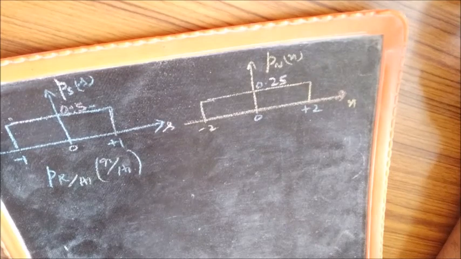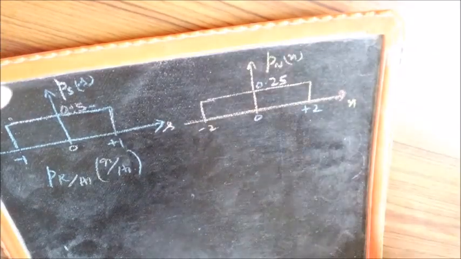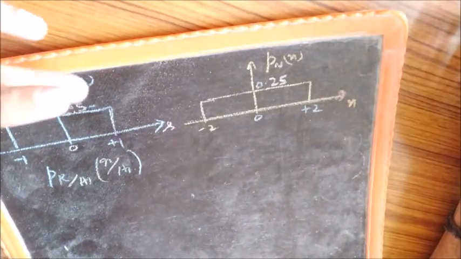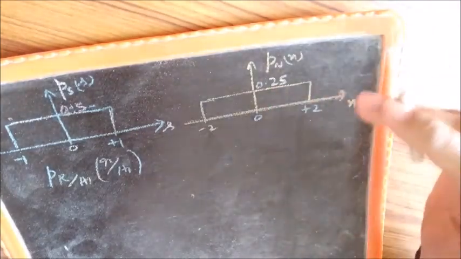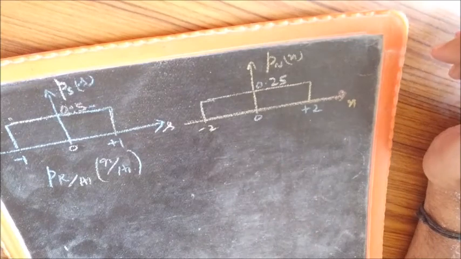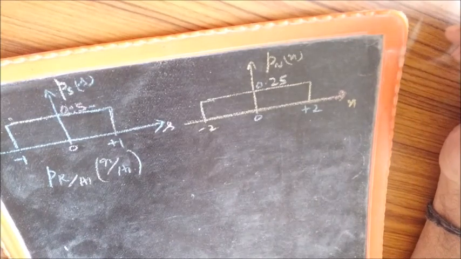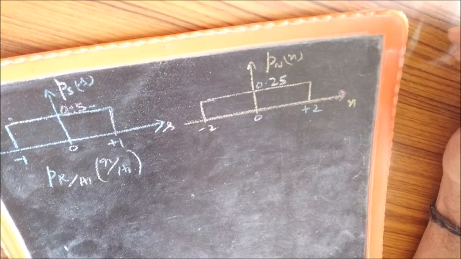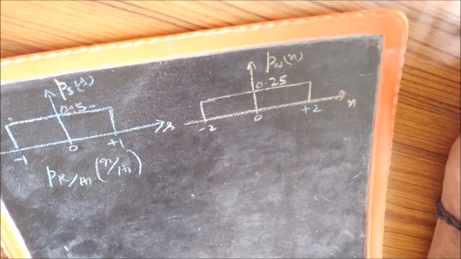Now here, when H1 is the true hypothesis, you receive S plus N. Noise is always independent of the so-called signal which we are sending. It so happens that in this case the signal is also a random variable, but the signal and the noise are independent.